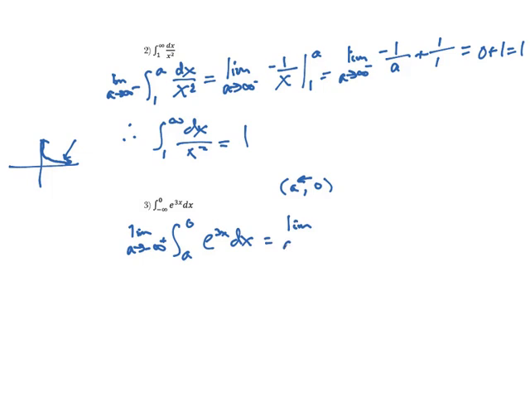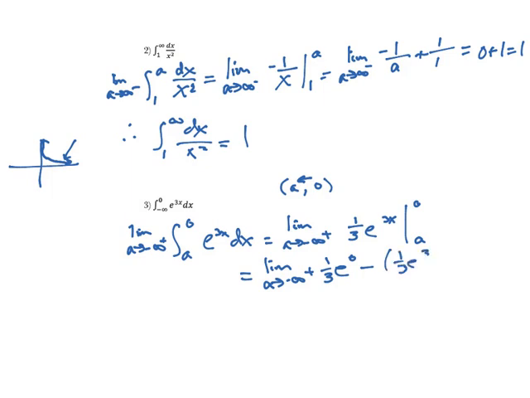So that's the limit as a approaches negative infinity from the right. Integrate e to the 3x dx, so that'd be 1/3 e to the 3x from a to 0. So that's going to be the limit as a approaches negative infinity from the right of 1/3 e to the 0 minus 1/3 e to the 3a.